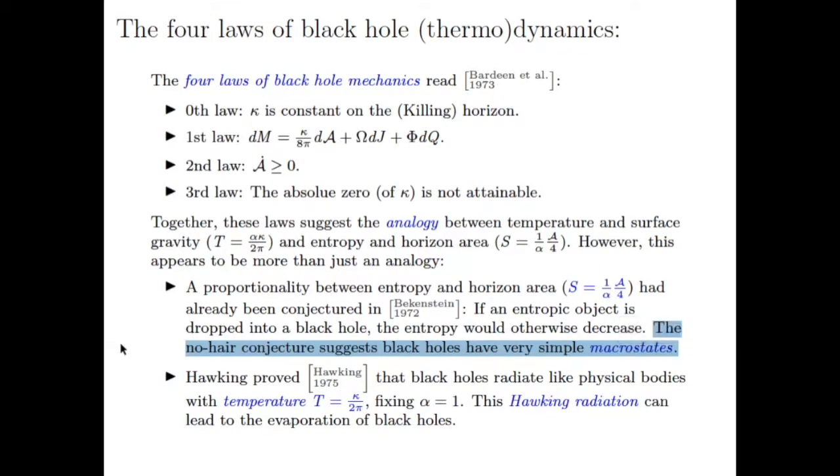They have, in a sense, simple macrostates, if you want to view it from a thermodynamic perspective, and they are described by very few parameters. So there's no room for them to encode entropy, in a sense. At least that's what it seems like from the classical general relativity point of view, unless you say that the area of this horizon is another form of entropy.